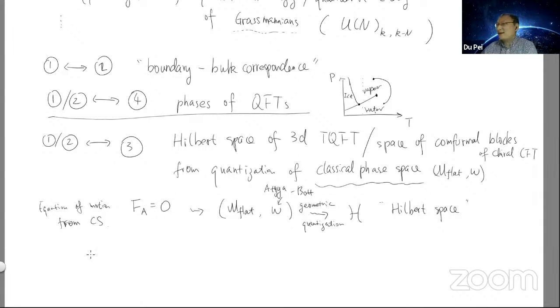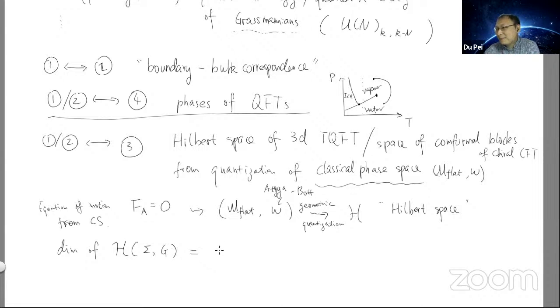So for us, we'll be interested in first looking at just the dimension of this Hilbert space. And to make the dependence on the underlying Riemann surface more explicit, we will write it like this.